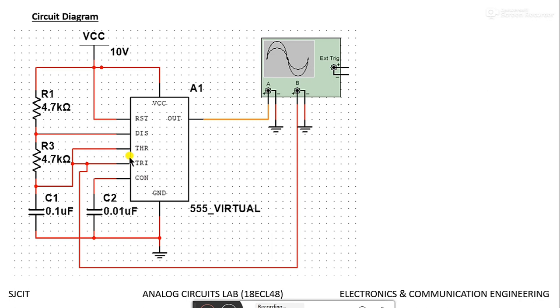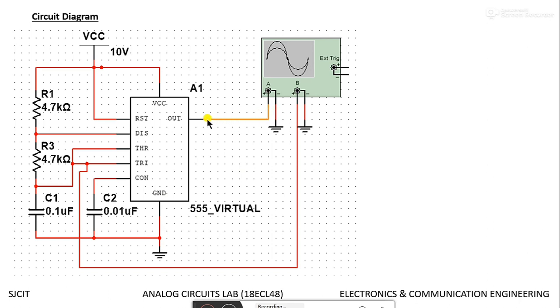Threshold and trigger pins are shorted and given across R3 to the capacitor, and discharge is given across the resistors. Output pin number 3 is given to the CRO and ground is connected to ground.